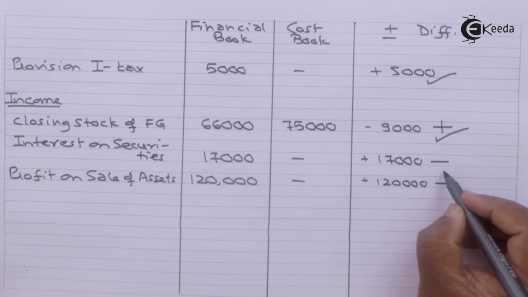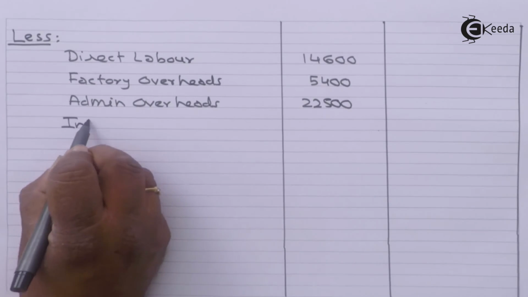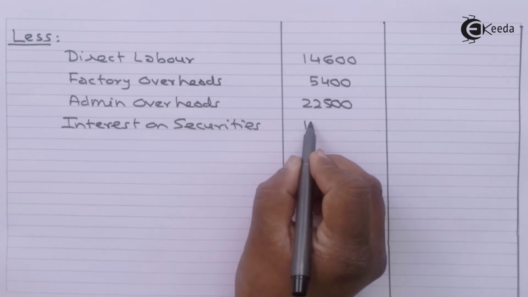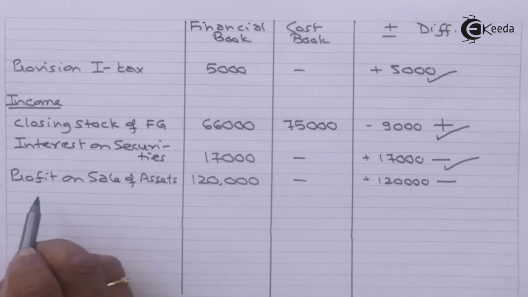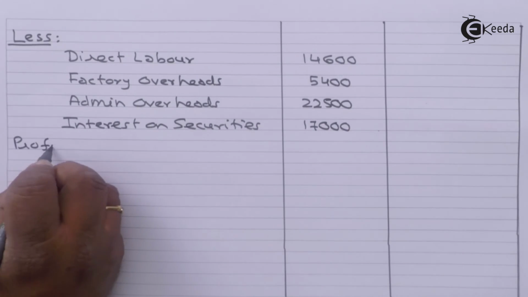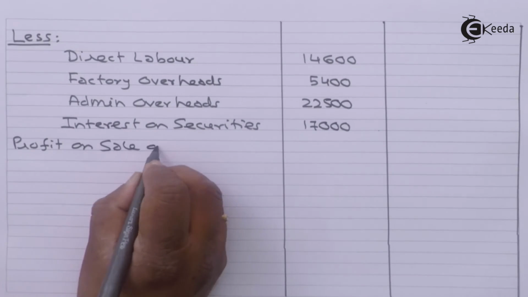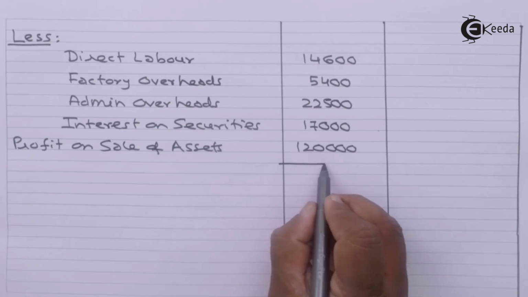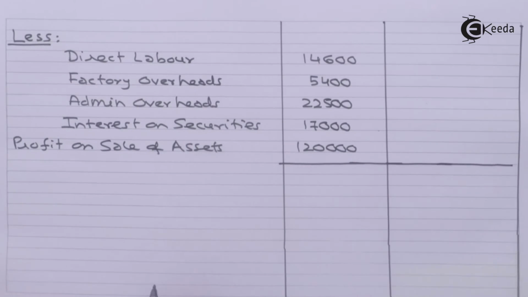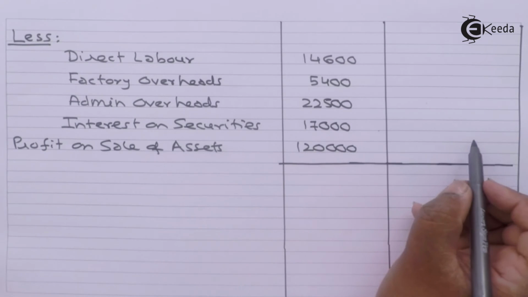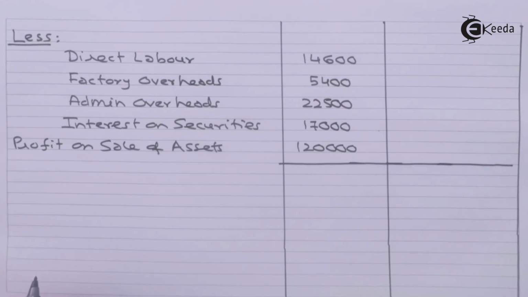Interest on securities 17,000. Profit on sale of asset 1,20,000. We are required to take subtotal of all these items and deduct from the total, so that finally we'll arrive at profit as per cost book.